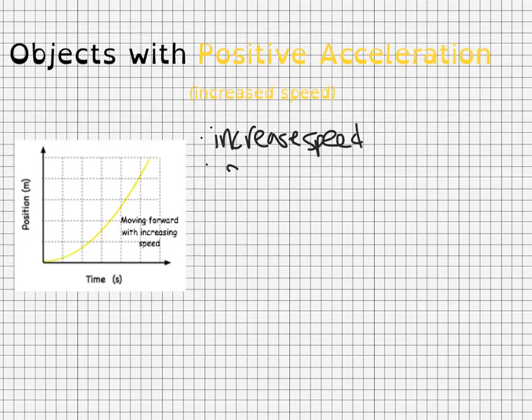It also means going faster. Another thing that this means as we're graphing it is that our line is going to end up being kind of curved. So a curved line. But we're going to be a little bit more specific about this because if we are just talking about a curved line, I bet negative acceleration is also going to be curved.